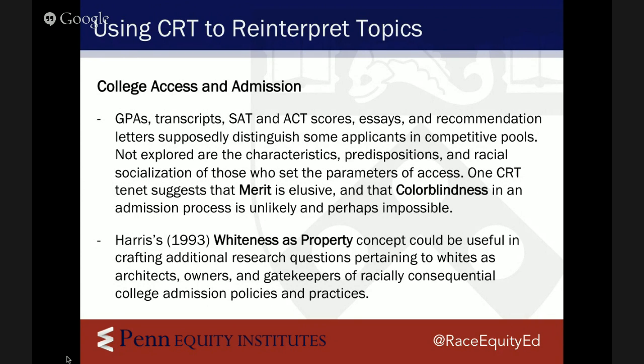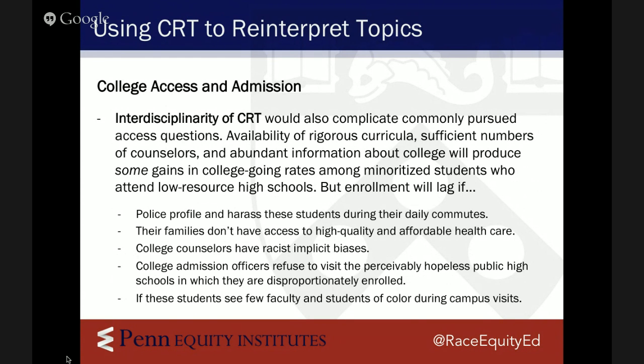So therefore, the various components of Harris's thesis could help us make better sense of how there is white ownership of the admissions process because of the demographics of those who set the policies and enact the practices. I think we have just two more here that we offered in the book and in our chapter.